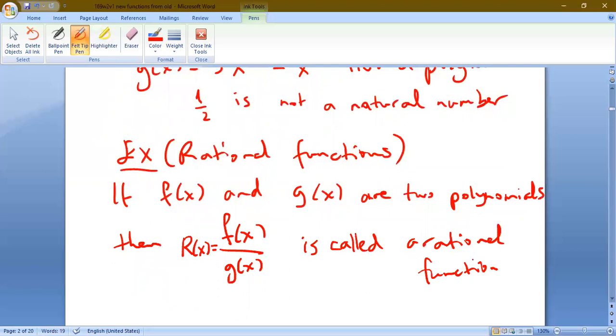So a rational function is a quotient of two polynomials. We want the numerator and the denominator to be polynomials.